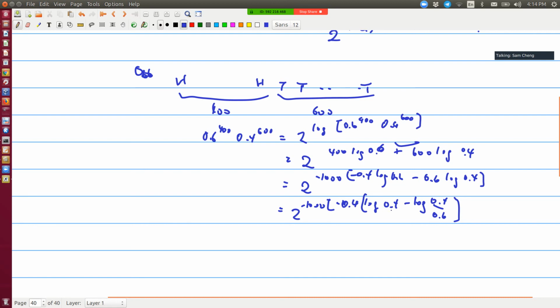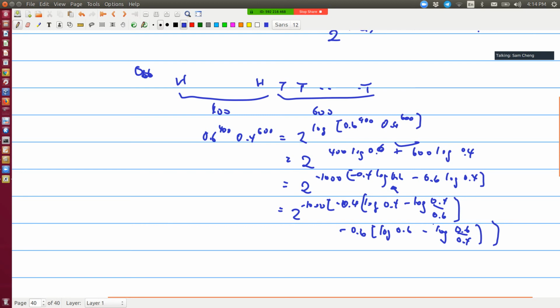I still have one more term here, 0.6 log 0.6 minus log 0.4. Right, this is kind of silly, right? I write it as 0.4 minus log 0.4 over 0.6.